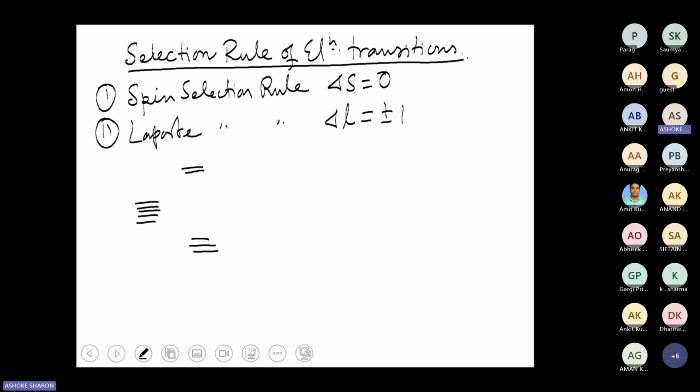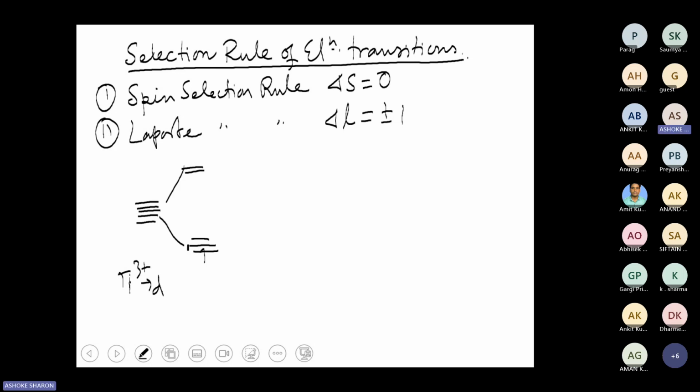Suppose I am talking about a transition. Say the example is titanium 3 plus, a D1 system. So one electron is there.